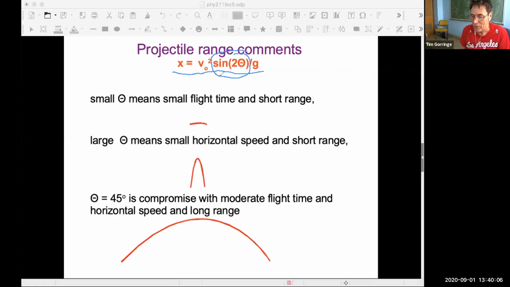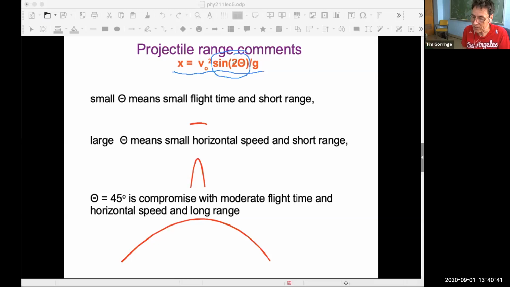Now, if you remember the sine function, if the angle is small, like 1 degree, then sine is going to be small too. So when the argument in the sine function is close to 0 degrees, then the sine function is vanishingly small.